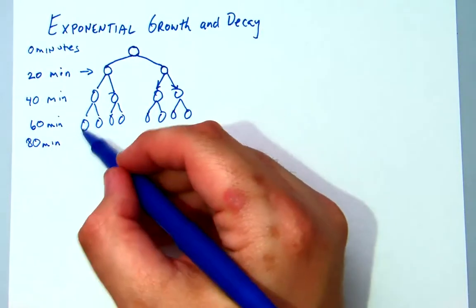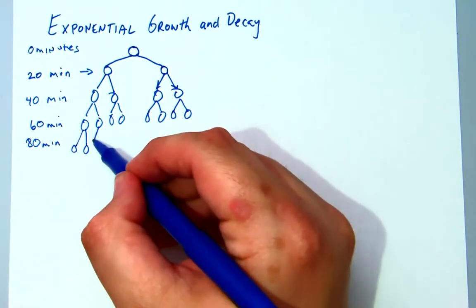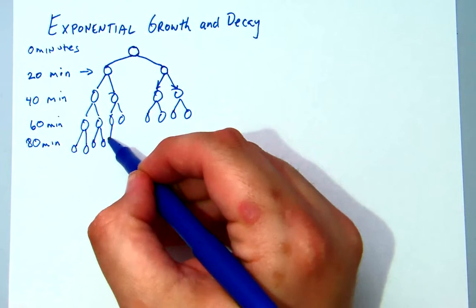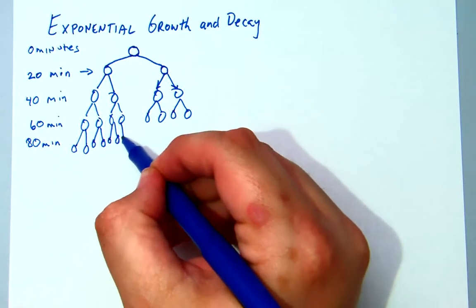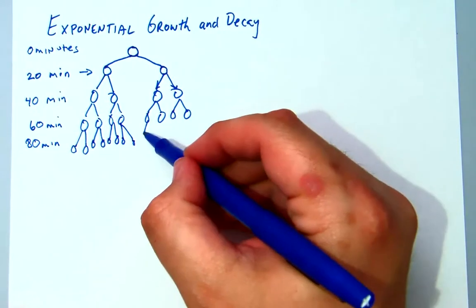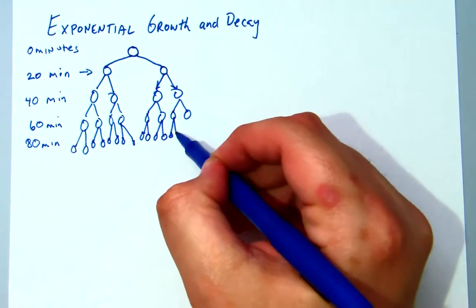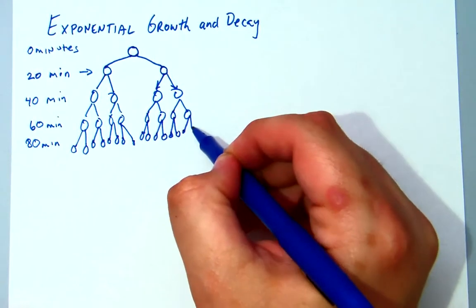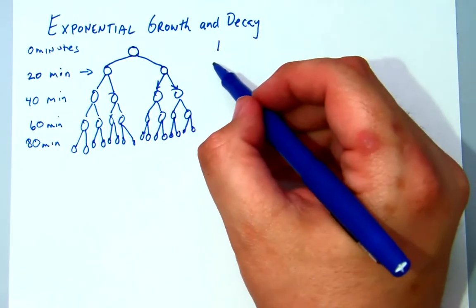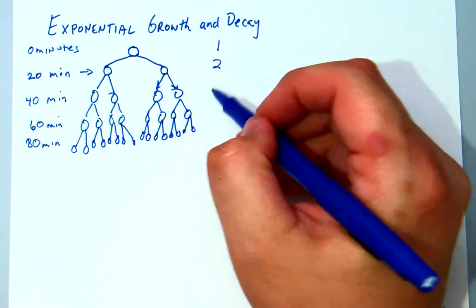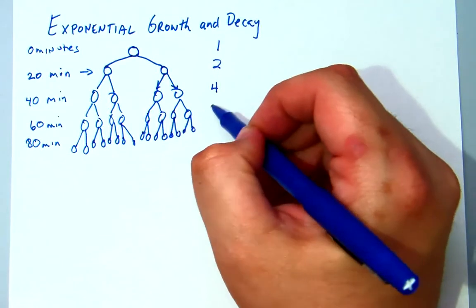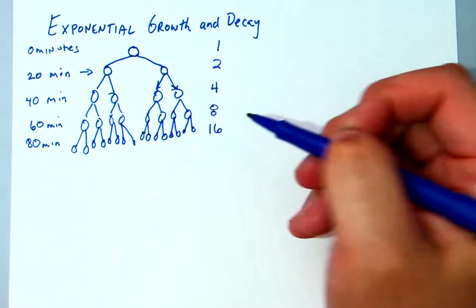These cells have divided and we've gone from 1 to 2 to 4 to 8 to 16.